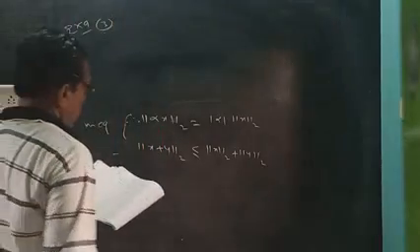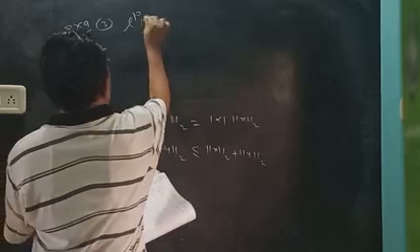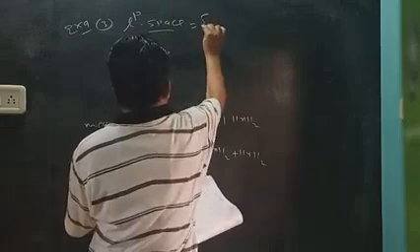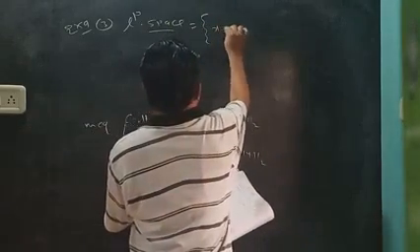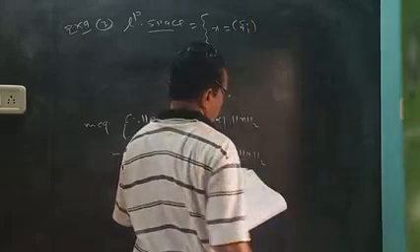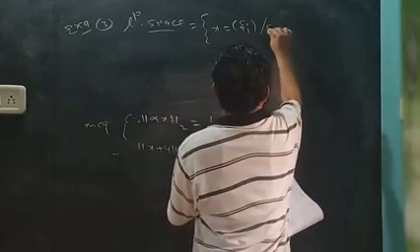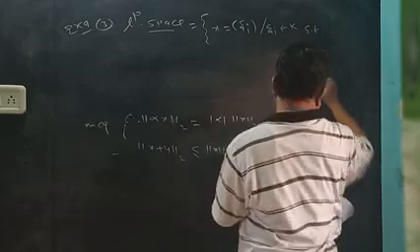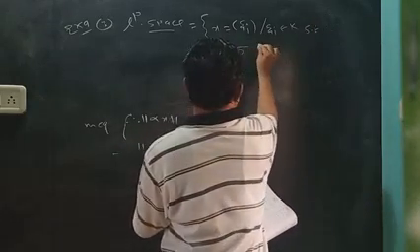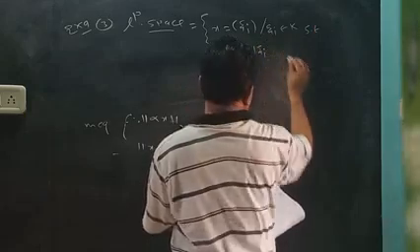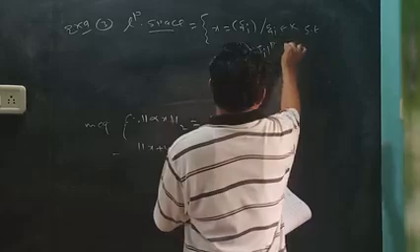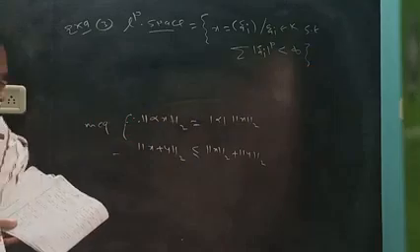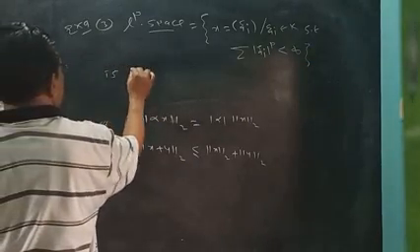How is it defined? It is a set of x's whose elements xi belong to K, such that the summation of mod of xi raised to power p must be less than infinity, meaning finite. Okay, it is a linear space.